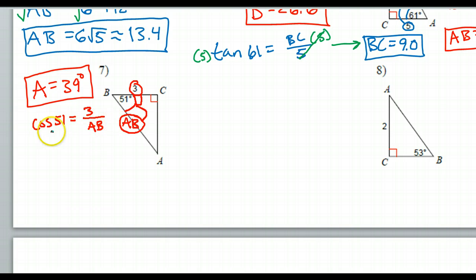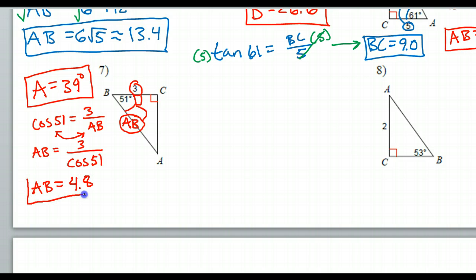Since the unknown is in the denominator, I will do the reversal. So this is going to become AB is equal to 3 over cosine 51. And I'll just put that in my calculator. That is 4.8. Okay, so AB is 4.8.